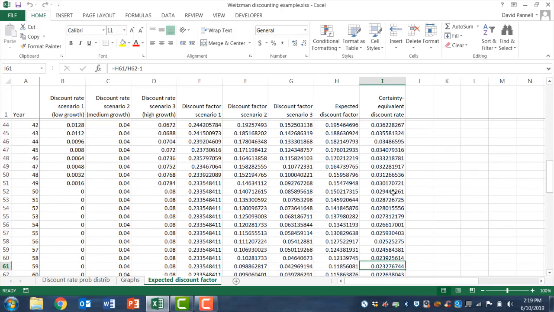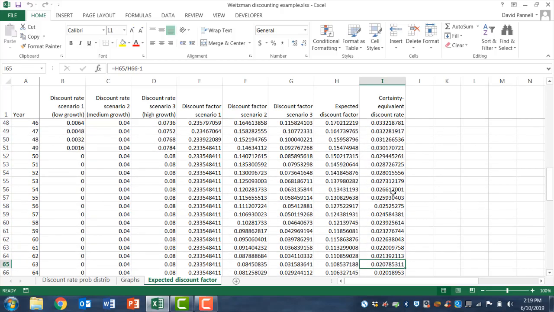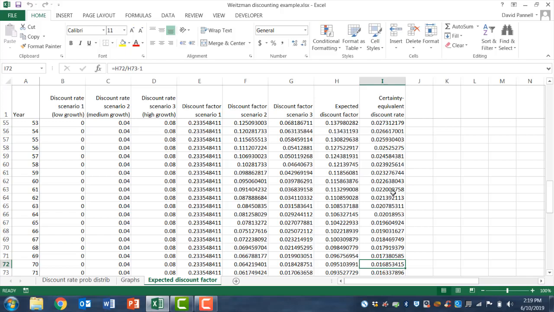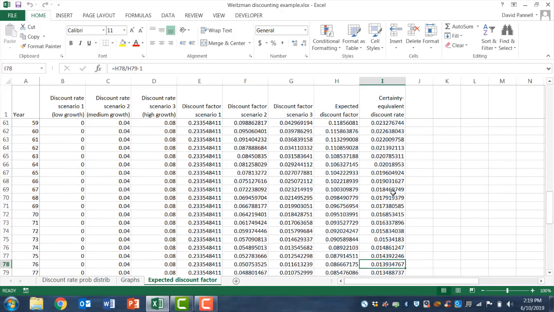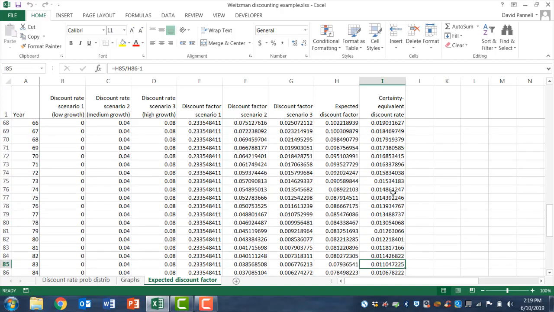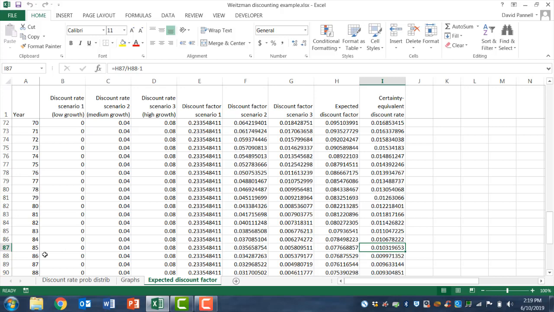That's the point that I'm making: doing it this way, calculating an expected discount factor, is the equivalent of a declining certainty equivalent discount rate. It started off at 4% and it's now down to about 1% by the time you get to year 85.